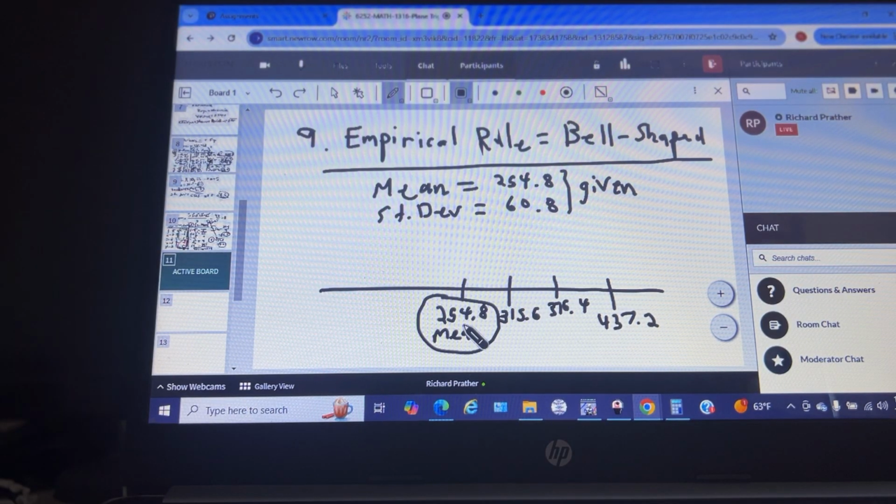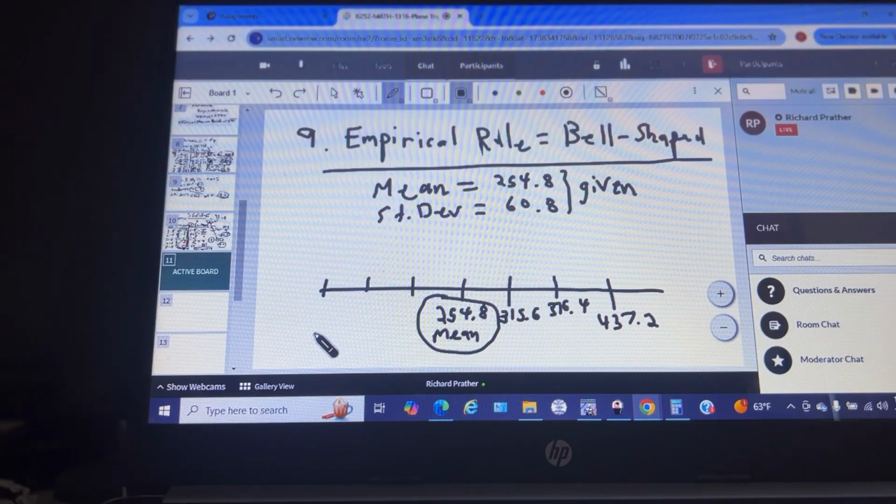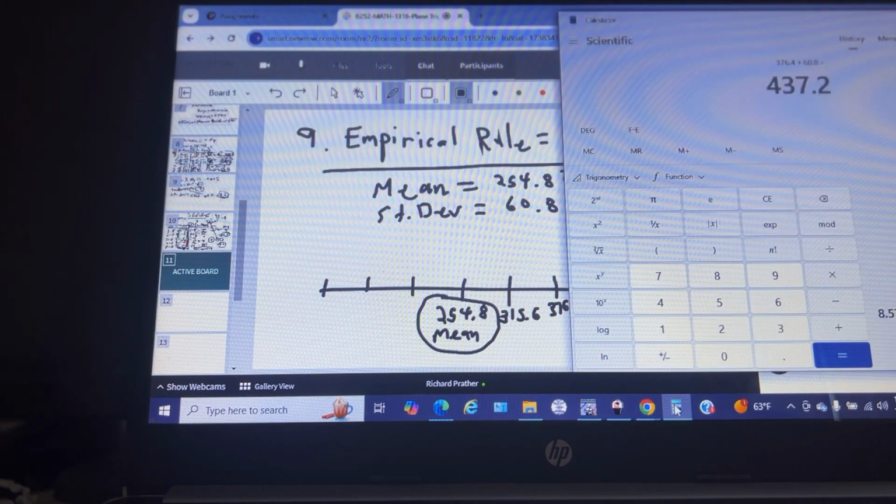Now go back to the mean, and we want to go 3 this way too. The mean's near the middle, and then we're extending out both ways. We got people that are above average, and we got people that are below average is what's going on here. So take 254.8, start over again. That's why I circled it so I knew where to go back. And now subtract 60.8. When you go to the left on a number line, you subtract.